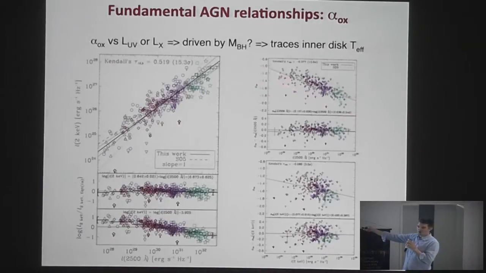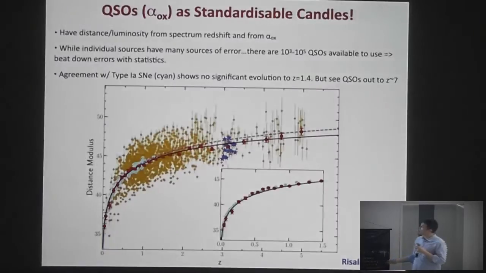It's a one-to-one sort of correspondence. You measure alpha OX and you get a luminosity. We have two measures of the luminosity, and that allows us to estimate essentially the Hubble expansion. And so we can actually use quasars as a standard candle, or a standardizable candle.